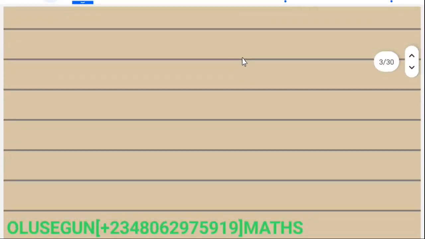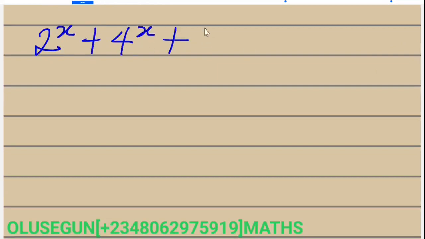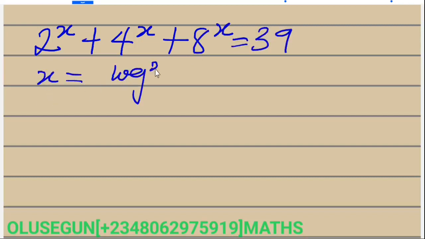Let's try to cross-check. In the process of cross-checking, you know that 2 raised to the power x plus 4 raised to the power x plus 8 raised to the power x is equal to 39. And our x is equal to log 3 base 2.